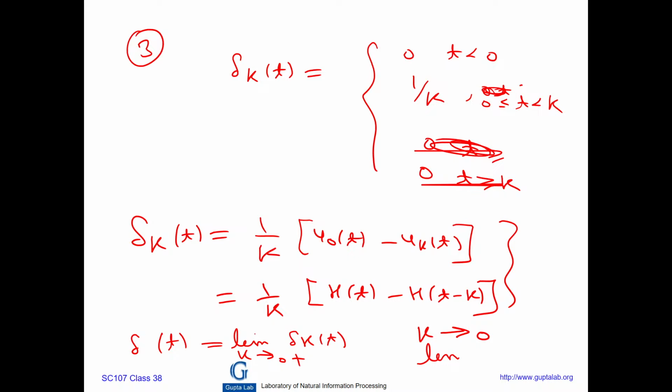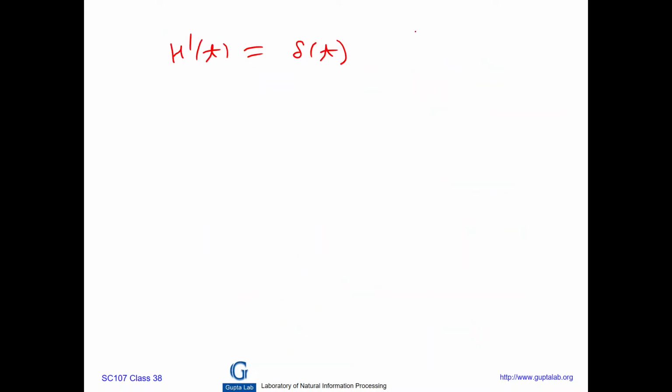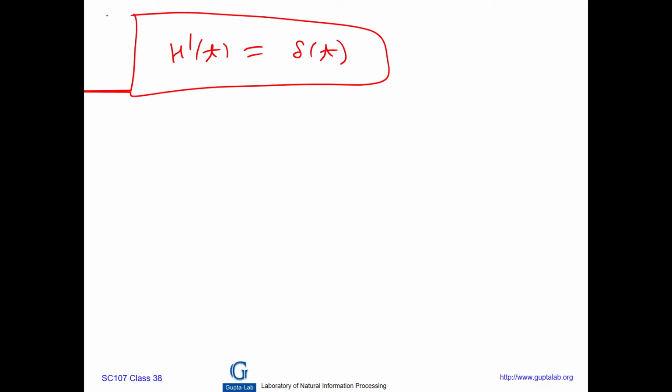So this is sort of a derivative you are computing, right? So we will get h dash of t, and on the other side you get delta t, right? Okay, so we will get this expression. This is actually a very useful result. The derivative of the unit step function is the delta function.